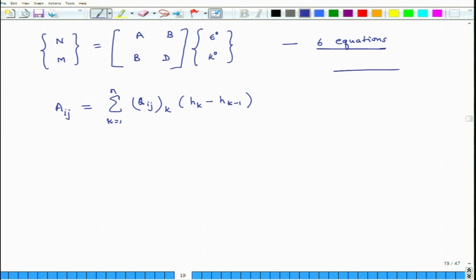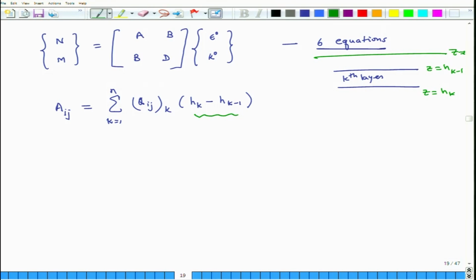Now, this is, let us say, the kth layer, and this is my mid plane, so mid plane z is equal to 0. Here z equals hk and this is z equals hk minus 1.